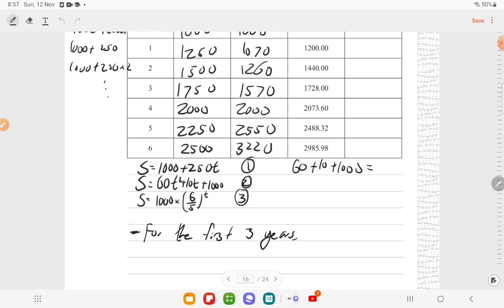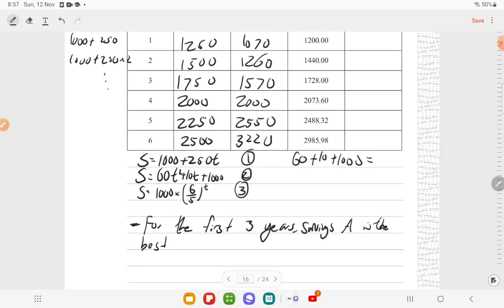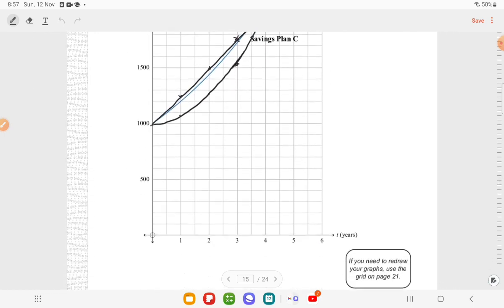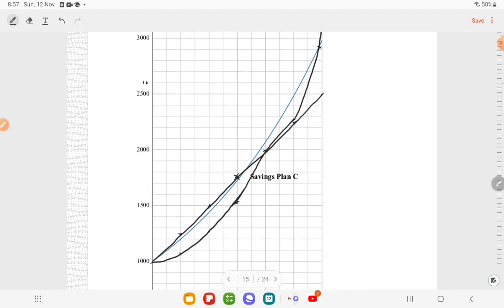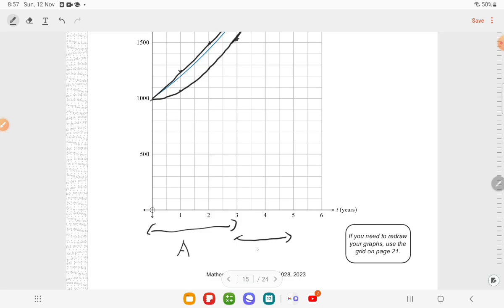For the first 3 years, savings A is the best. Yeah, okay. I'm guessing it wants us to compare this first part where savings A is the best, then the second part where savings C is the best, and the third part where savings B is the best.